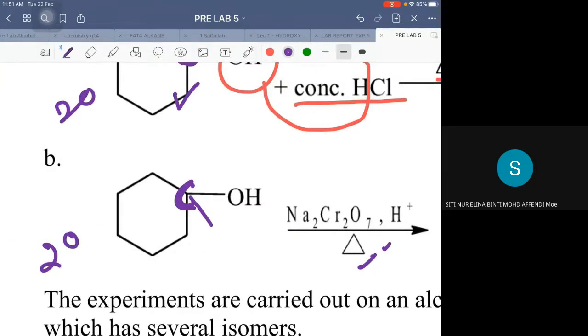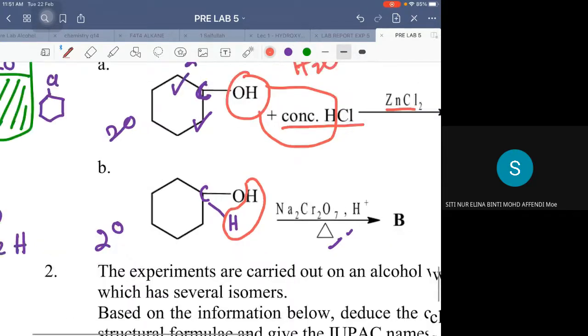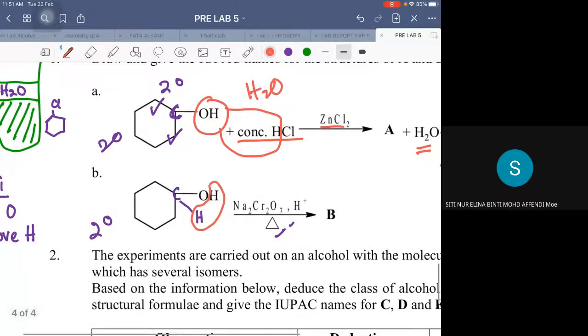Okay, carbon ni bila kita cukupkan 4 bond. Okay, let me clear this one first. Carbon ni ada 4 bond. Bond yang keempat adalah hydrogen. So apa dia buat? Bila dia undergo oxidation, the hydrogen is removed. Bila hydrogen remove, so apa yang tinggal? Kawasan lain, hydrogen ni kita tak usik.